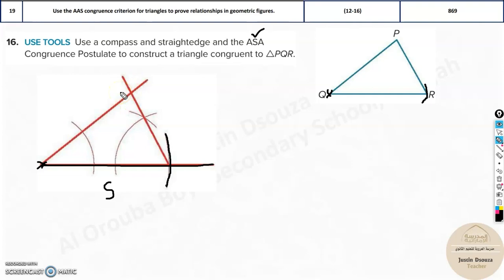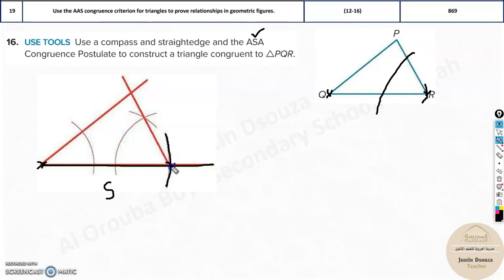How do we do that? The method differs depending on whether you're using a protractor, or the SSS postulate, or the AAS postulate. Okay, so now over here, since it's two angles and one side, you have to follow this method. Keep the compass over here and take a random measurement, draw an arc like this.